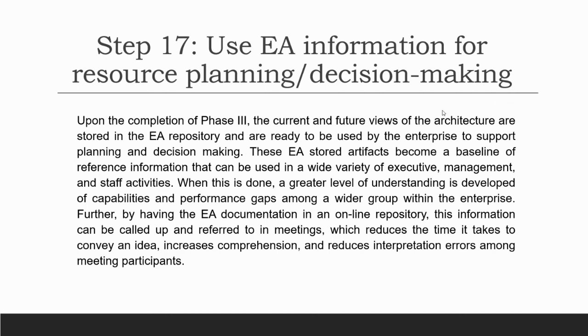When graphics and text are given to everyone at the meeting, the time it takes to express a concept is greatly decreased. This can lead to more fruitful discussion and informed conclusions since everyone in the meeting has their own updated version of the EA documentation or the EA program.